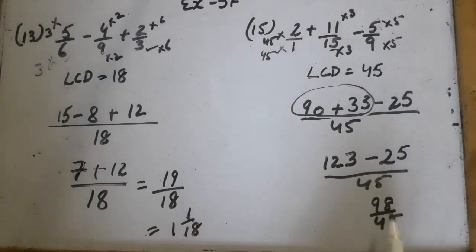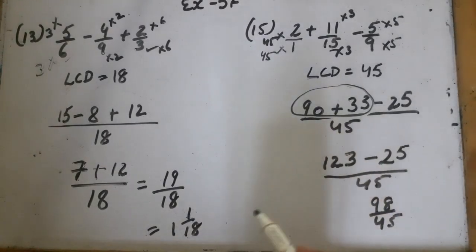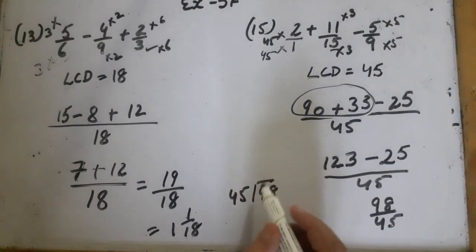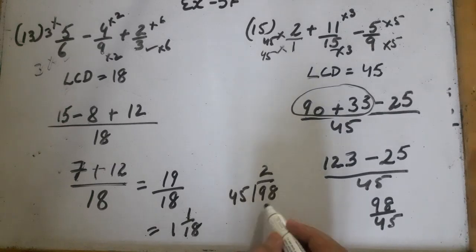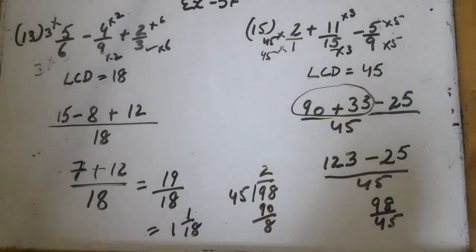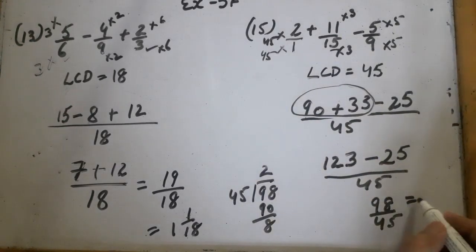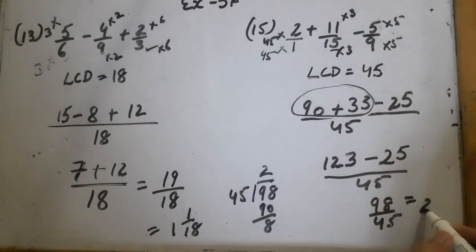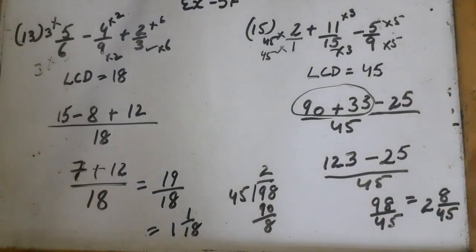Now this you can see is an improper fraction, so convert this into a mixed fraction. 45 2s is 90, so you get 8. Now look at this: 2 will become my whole number, 8 will be the numerator, and 45 will be the denominator. So 2 8 by 45 is your answer.